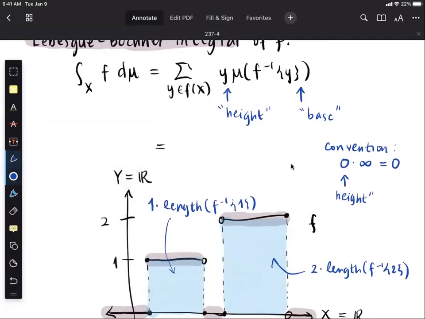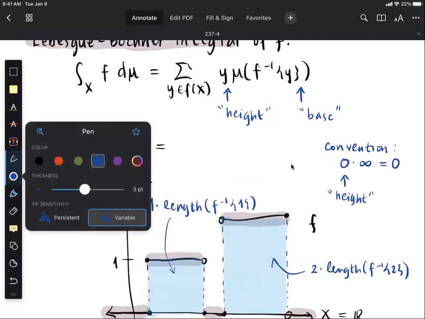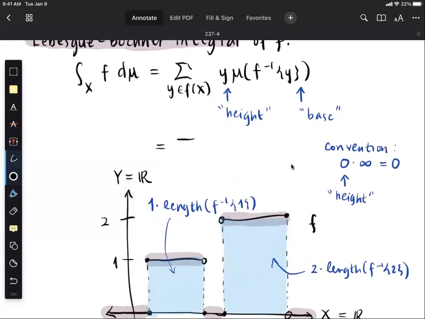So no matter what is the pre-measure of the image of the 0, ideally, this should not contribute on the area, hence on the integral. So following this convention, we could exclude 0 in the image set, and we should get the same Lebesgue-Bochner integral.